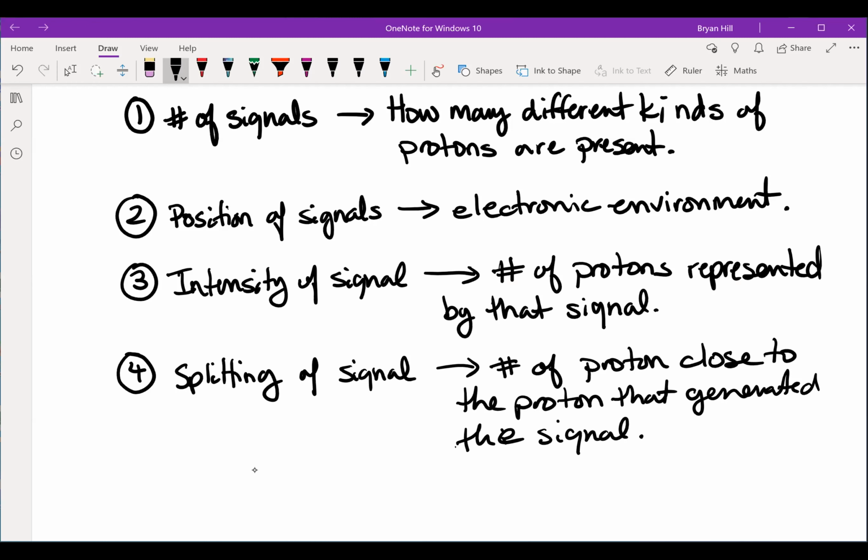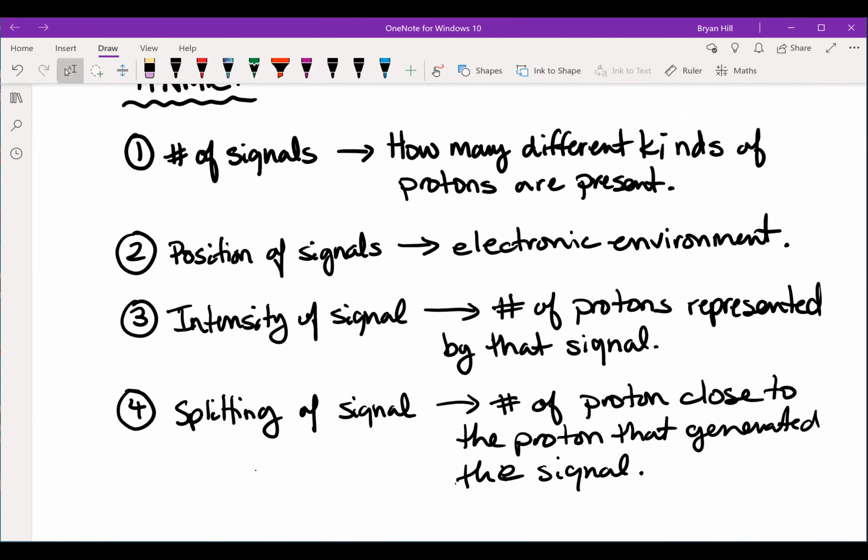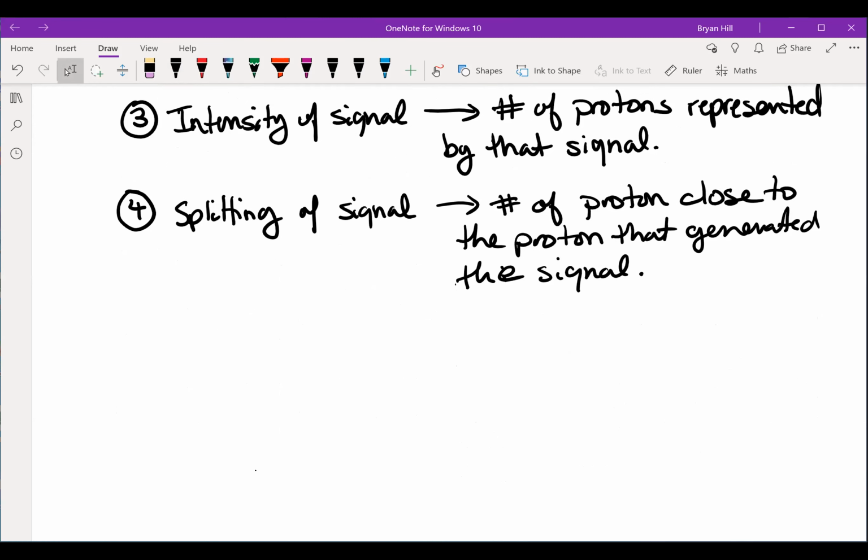So it's not necessarily the electronic environment, but the proton environment. So there's basically four things: the number of signals, the position where they happen to be, the intensity of them, and are they split or are they just a simple single signal. How's that? Okay, so let's look at the number here.